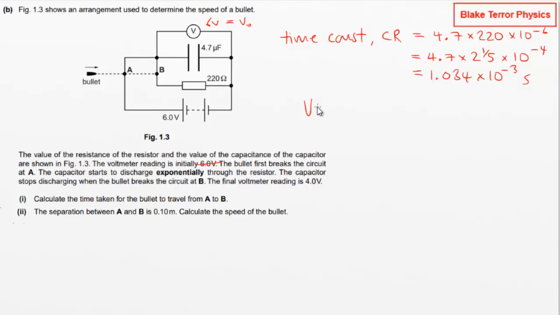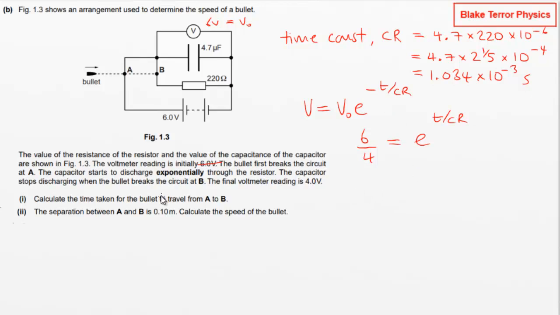Now we need to go to our V equals V0 e to the minus t over CR. And we know what V and V0 are because V is 4 and V0 is 6. So we can say that 6 over 4 is equal to e to the t over CR. I'll just flip them both over in order to get rid of the minus sign.